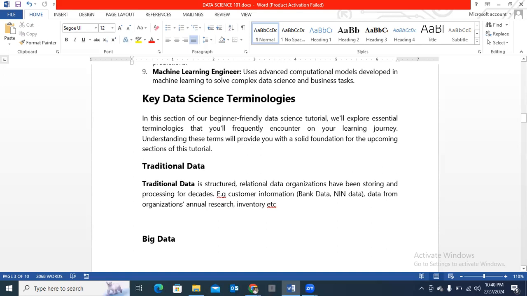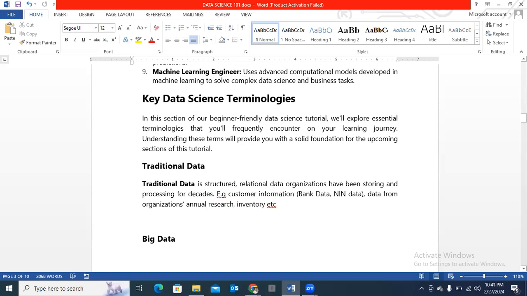So that person's name has a relationship with the class. So it's relational data, structured data, well-structured data.